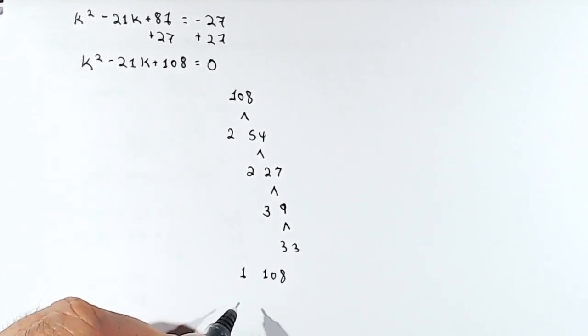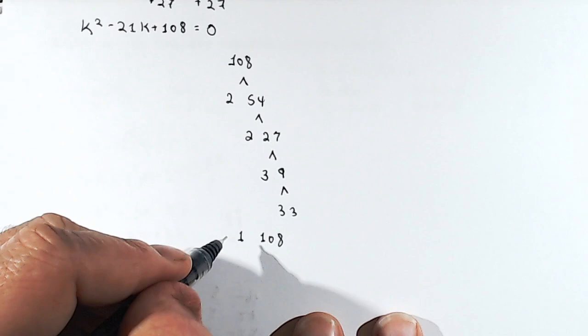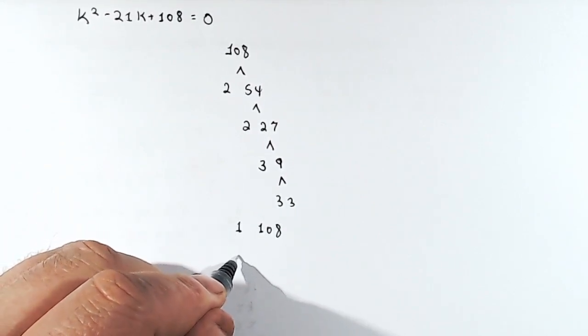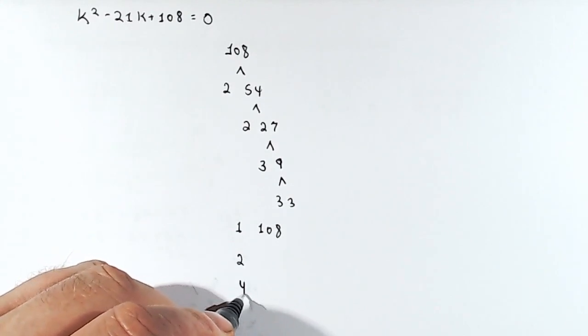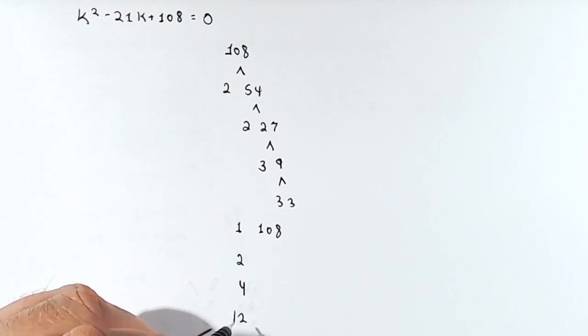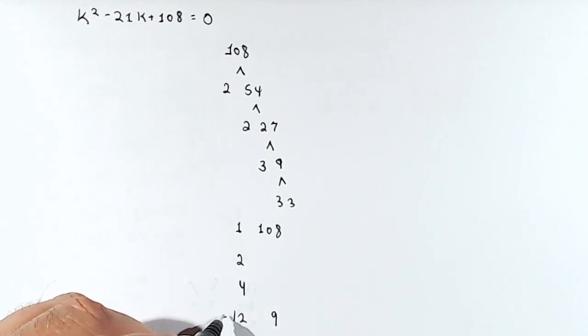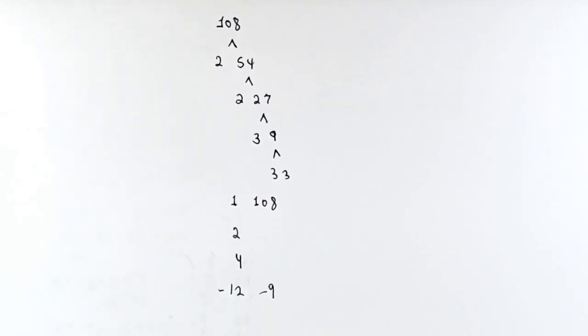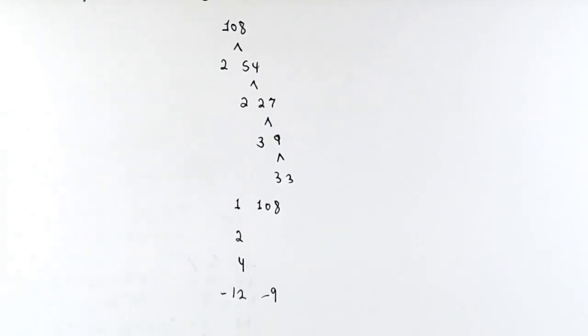Okay, they have to add to be negative 21. So let's see. This is going to be 1, then 2, then 4, then 2 times 2 times 3 is 12 times 9. Do these two add to be negative 21? Negative 12 plus negative 9 is negative 21.